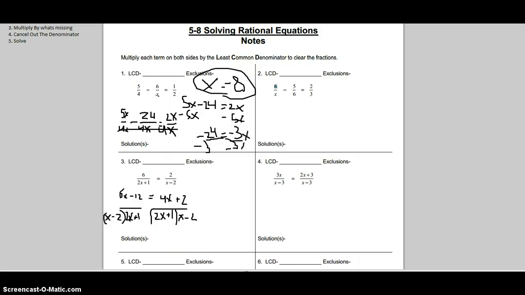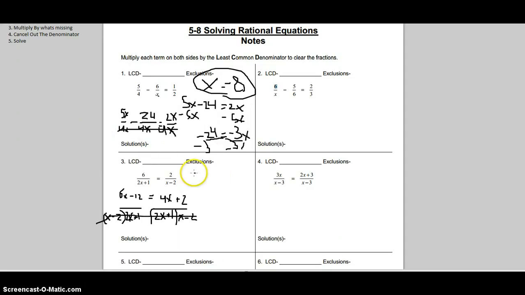Now that we have the denominator the same, we can go ahead and cancel those out. That'd be the 4th step. 5th step is obviously solve the equation. Since this equation is just 2 fractions equal to each other, you really could have just cross multiplied these two and set them equal to each other. But you don't have to do that.